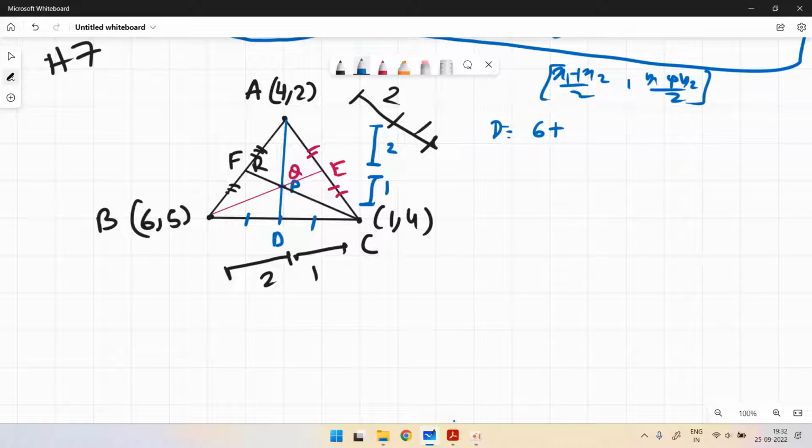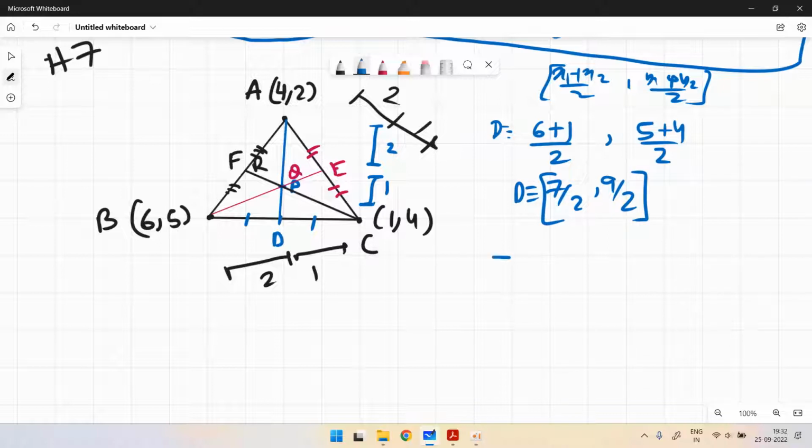So this is 6 plus 1 by 2, and the other is 5 plus 4 by 2, which is 7 by 2 and 9 by 2. So D is (7/2, 9/2). Similarly, you can calculate E. E will be 4 plus 1 by 2, and 2 plus 4 by 2, that is 6 by 2.